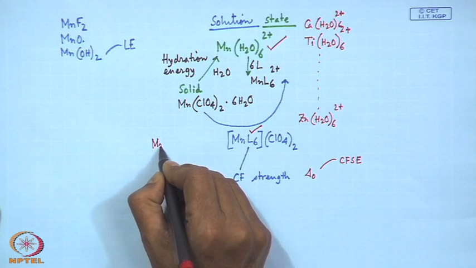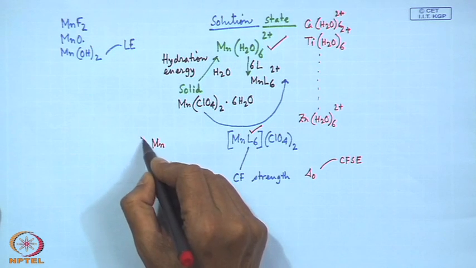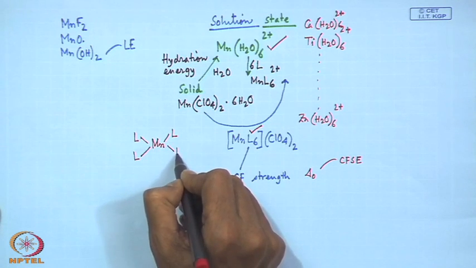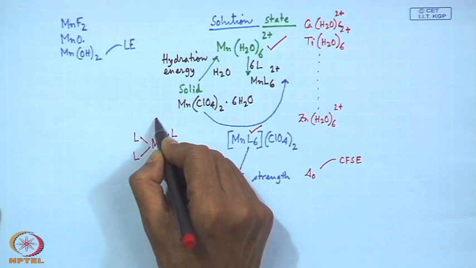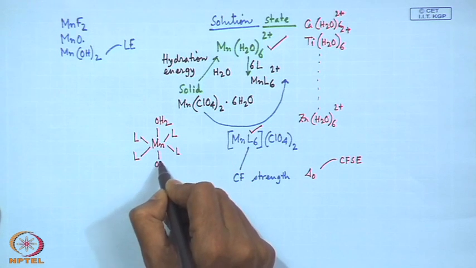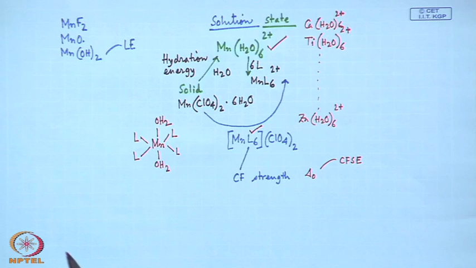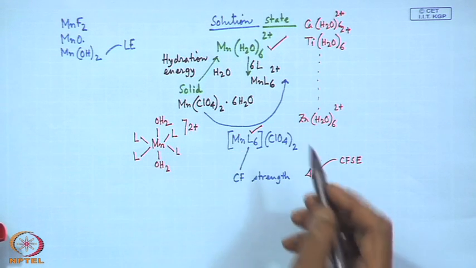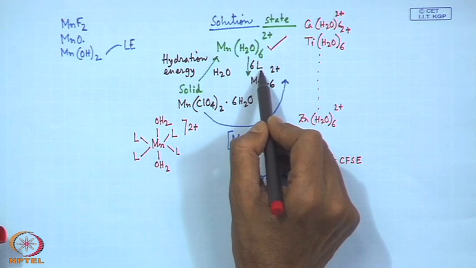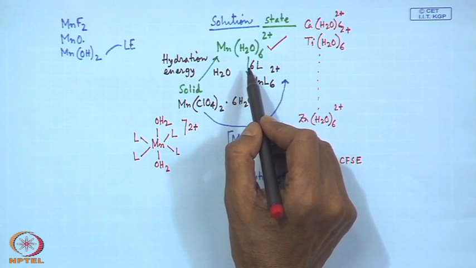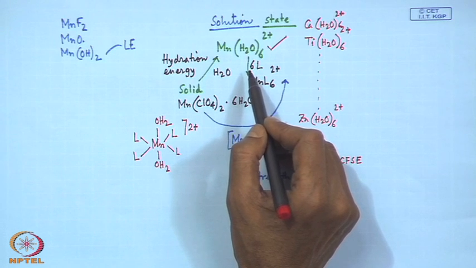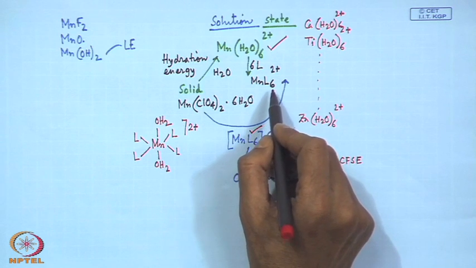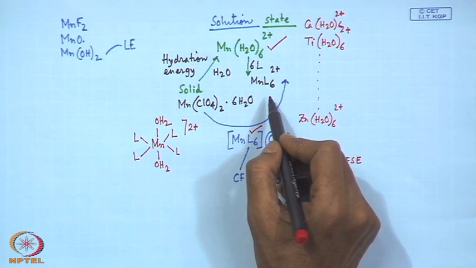Instead, we can have certain species where we substitute 4 of these water molecules by L, but 2 water molecules are still remaining there. So, these are the other possibilities for stepwise removal of these water molecules by 6 L groups one after another. That is why we get different values of the corresponding stability constant. So, that is another thermodynamic parameter or energy contribution towards the formation of complexes.